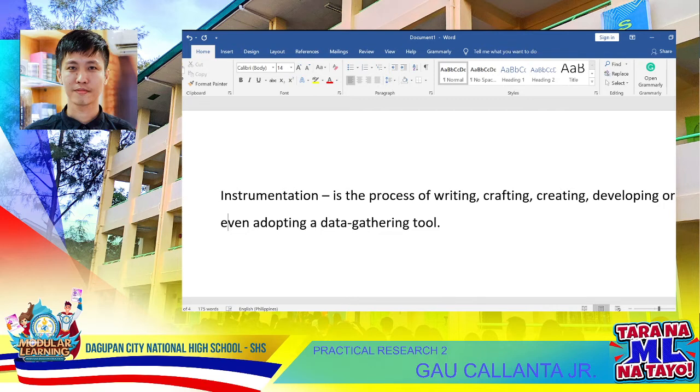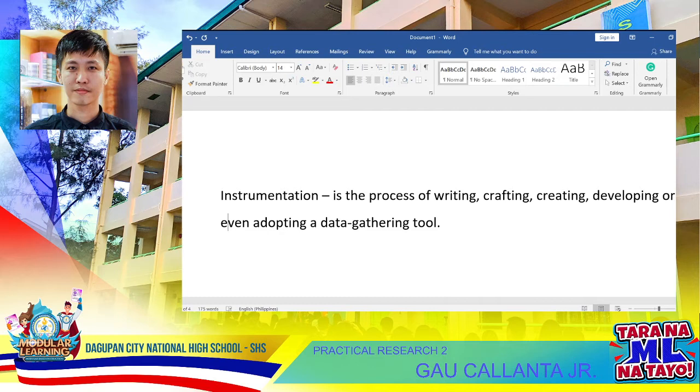You can adopt the research questionnaire so long as it is permitted by the original authors. But if there is no existing questionnaire, then you have to develop your own questionnaire. And this is the process of instrumentation.